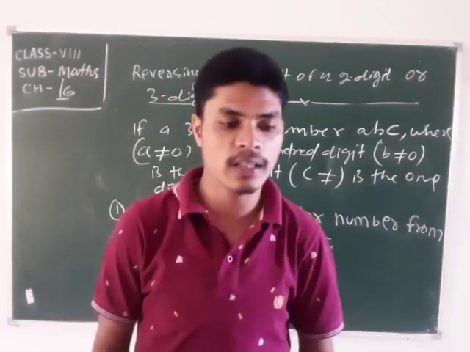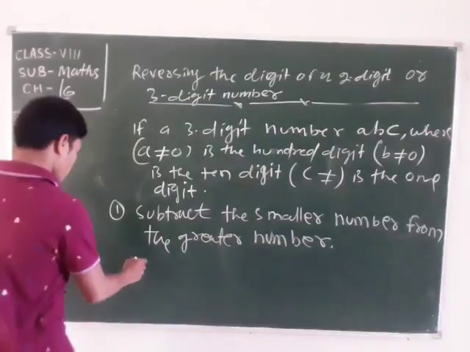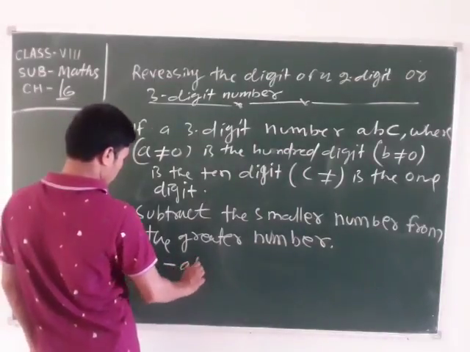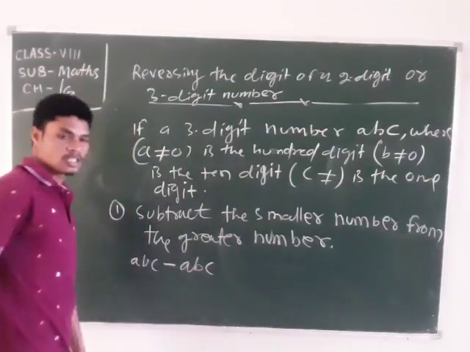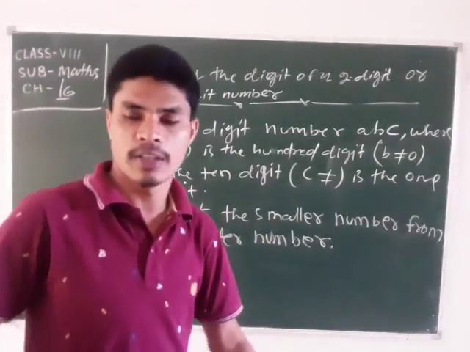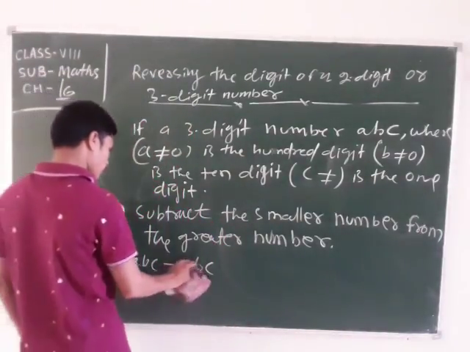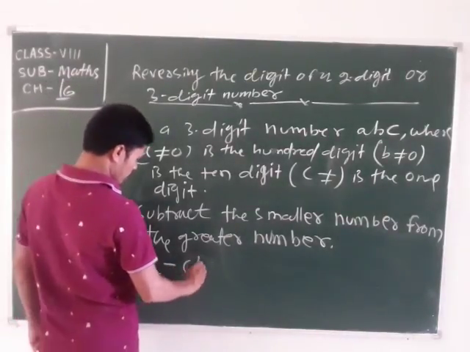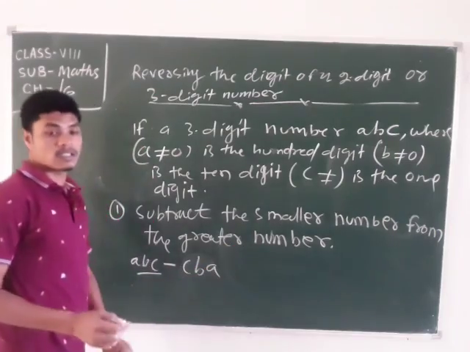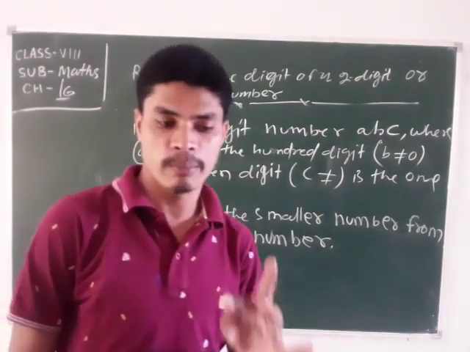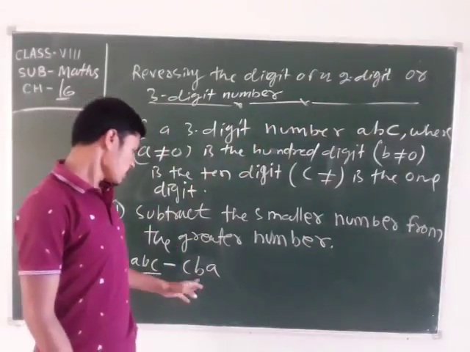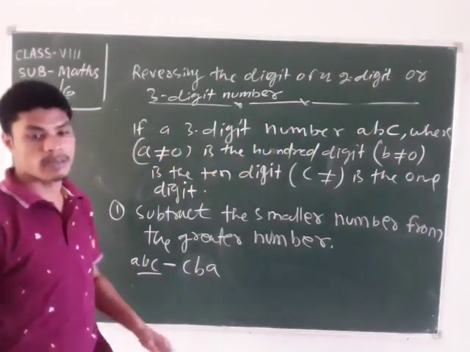How can we subtract? ABC minus... sorry, here we reverse, I made a mistake. When we reverse, ABC minus CBA. That means when we reverse the digits of the 3-digit number, ABC becomes CBA. Then how can we subtract?